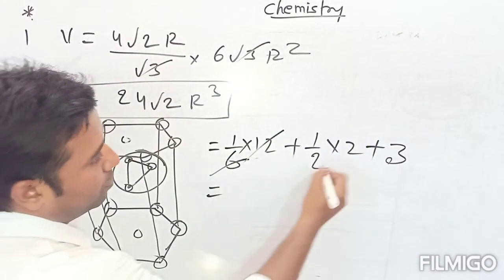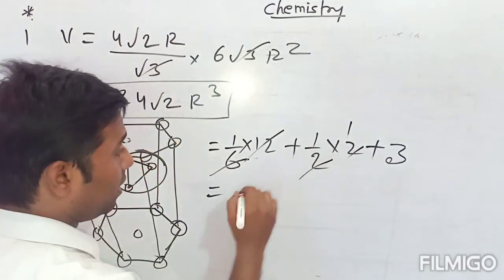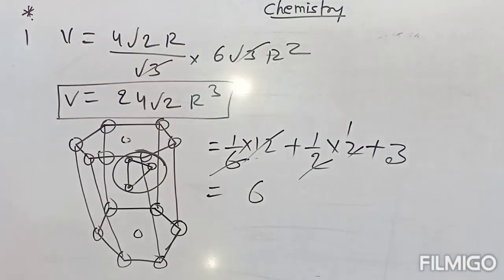Then 2, 1, 3, and 3, 6. The total number of atoms is 6.